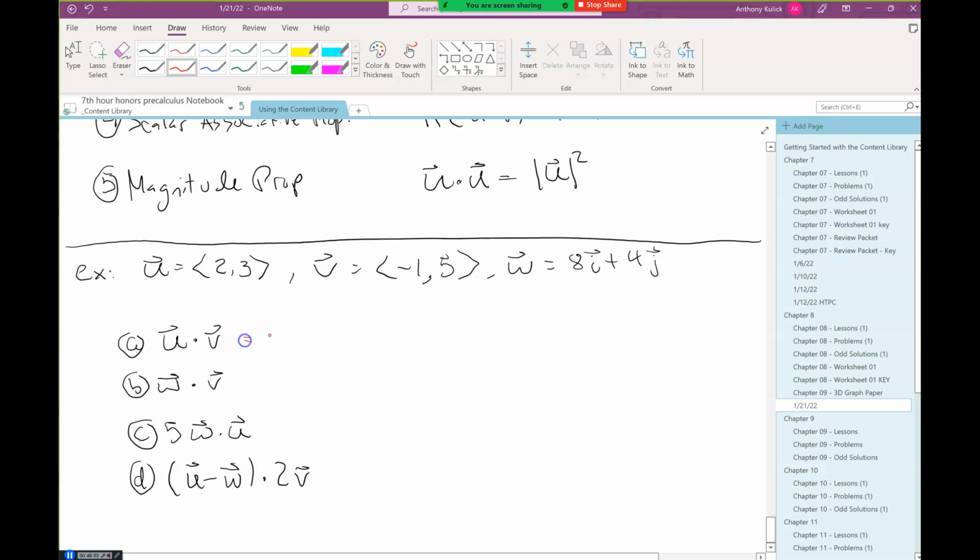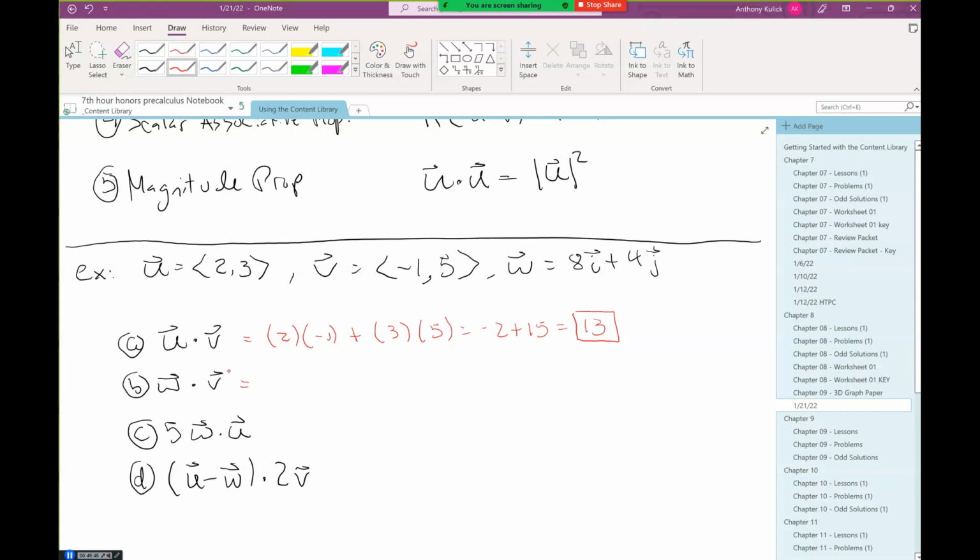So u dot v, well, that's going to be u1 times v1 plus u2 times v2. For w dot v, what's the problem there? They're in different forms, right? The w and the v. What am I going to do?